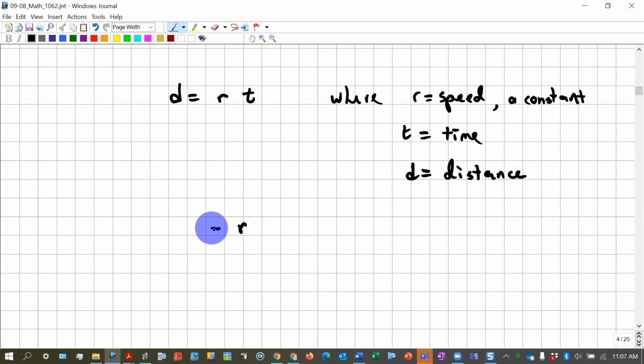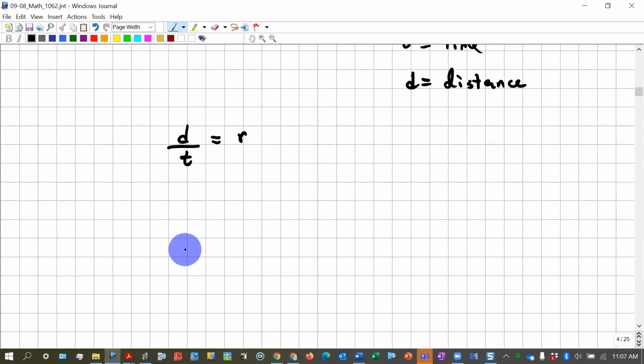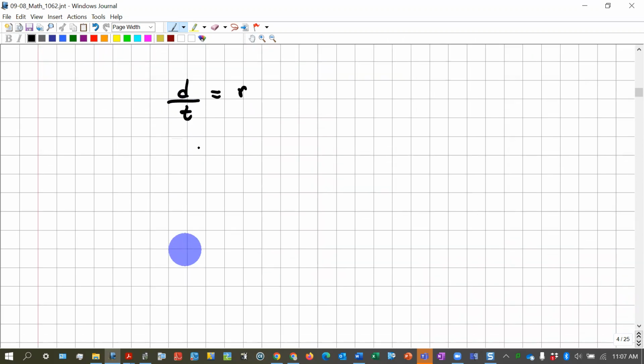But another way of writing that same equation is that the rate of travel is distance divided by time. So if I know I traveled 195 miles in 3 hours, if I was traveling uniformly, if my speed was constant, then my speed was always 65 miles an hour.